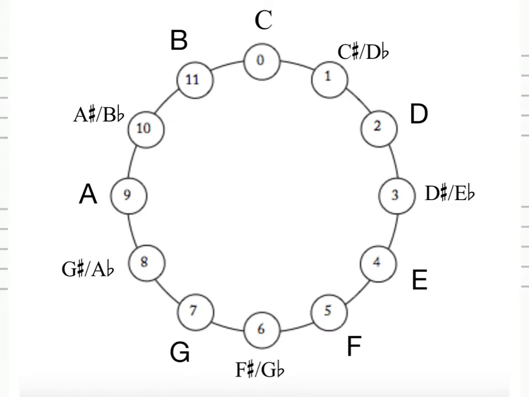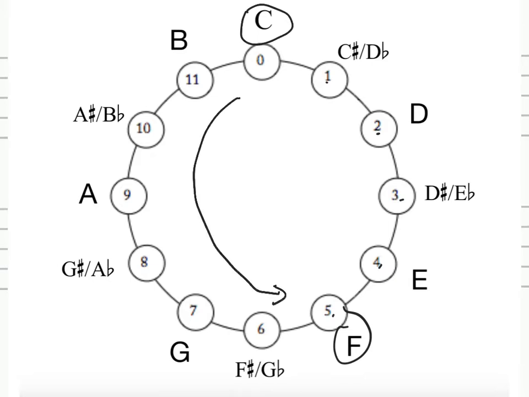So here on the clock, if we're going to be moving a fourth, let's say from C to F, then we're counting from C 1, 2, 3, 4, 5 half steps. On the other hand, if we go from C down to F, that means that we're going this way. We're counting 1, 2, 3, 4, 5, 6, 7 half steps.